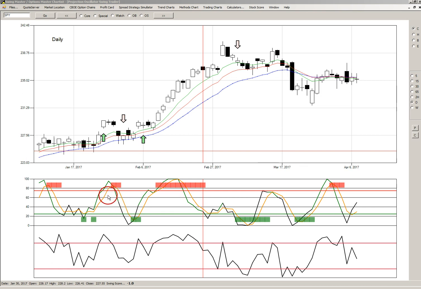Now, what you're looking at is an 8-period stochastic RSI, but these colored red areas on the top and green areas on the bottom are a 13-period stochastic RSI that is in an oversold zone, represented by green, or overbought, represented by red.